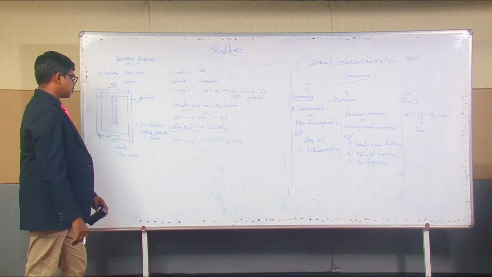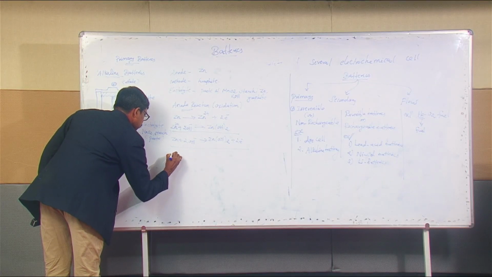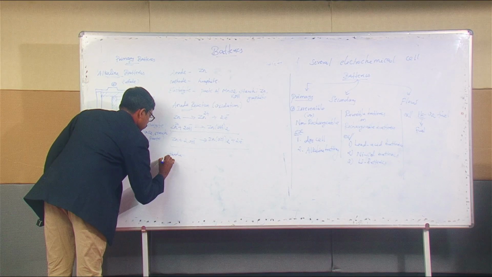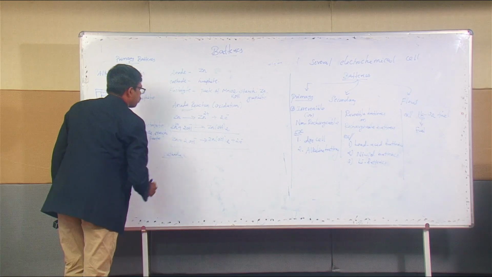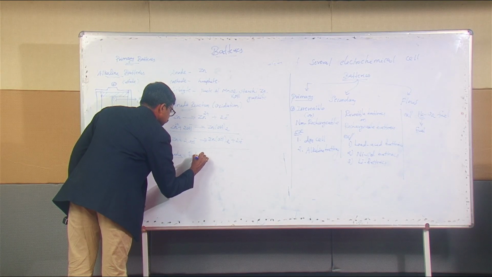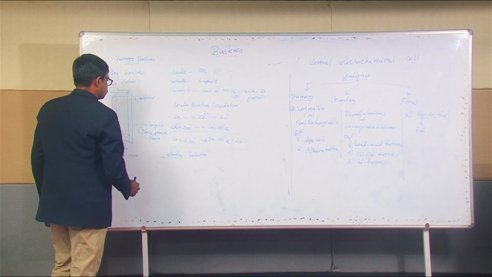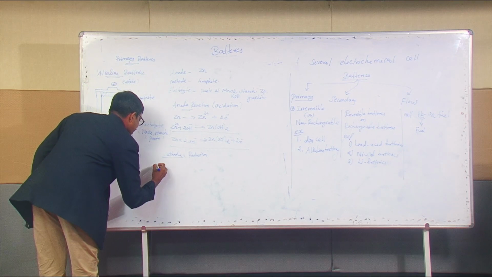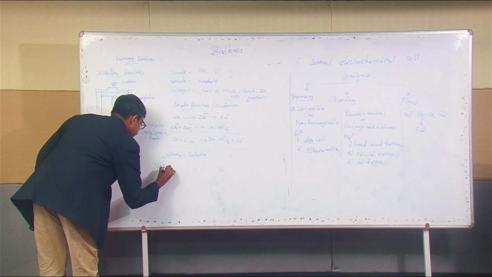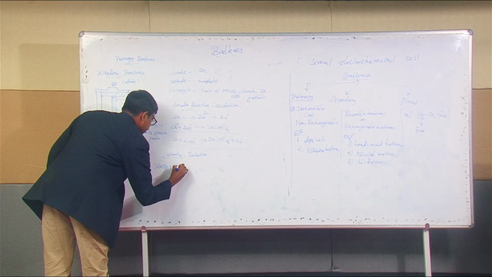Now the cathode reaction, a process called reduction. The cathode consists of MnO2, made into a paste with water.